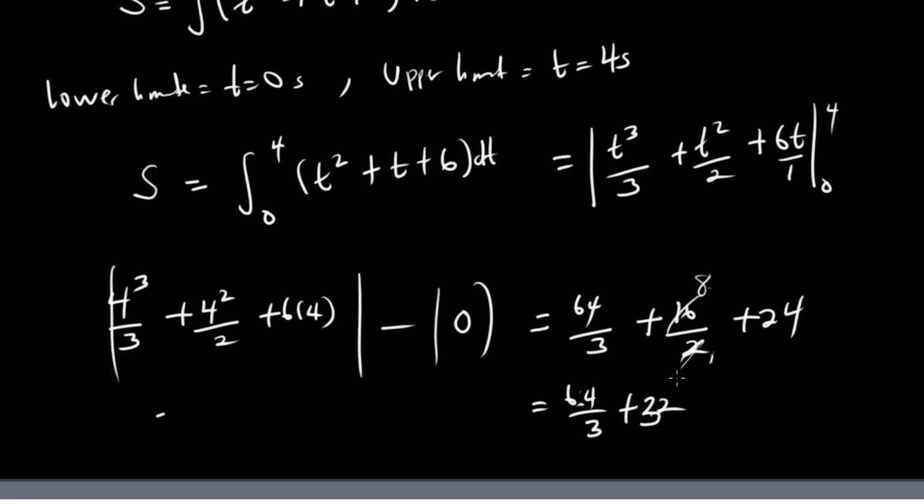So adding 8 to 24, we are going to have 32. And adding this together, we are going to have 160 over 3 meters. So we have our displacement after t equal to 4 seconds to be equal to 160 over 3 meters.